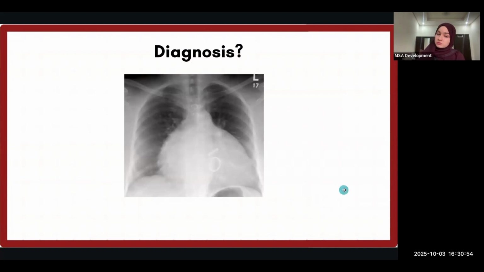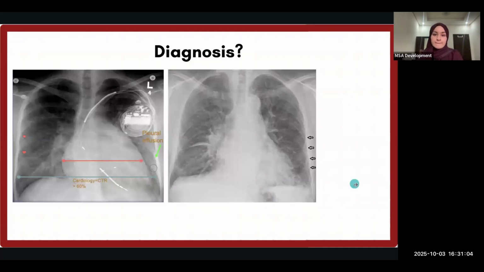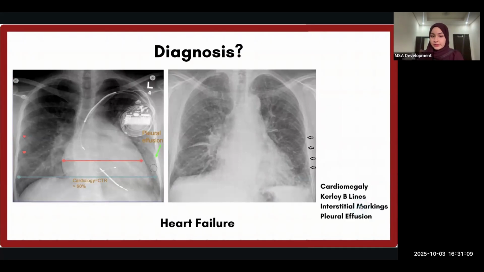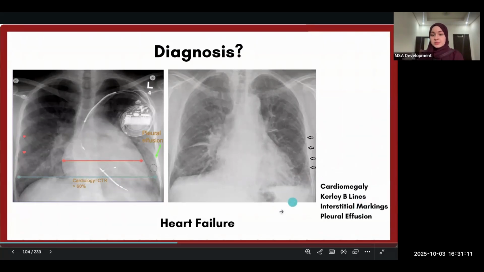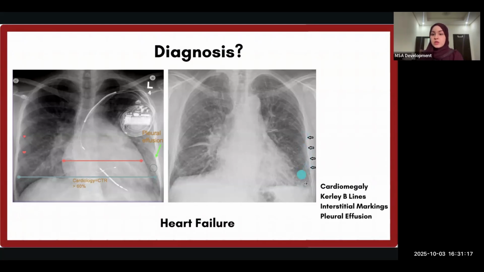Diagnosis. This is cardiomegaly. The heart is more than 50% of the length of the chest wall. Okay, here, what is the diagnosis? This is heart failure. Heart failure specific findings are curly B lines that can be seen on the edge over here.